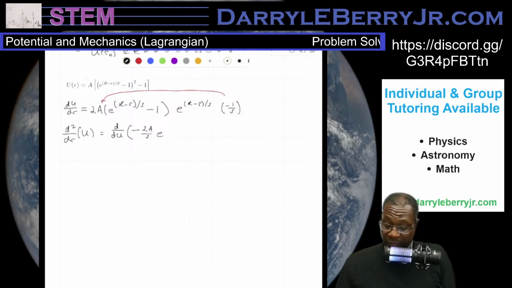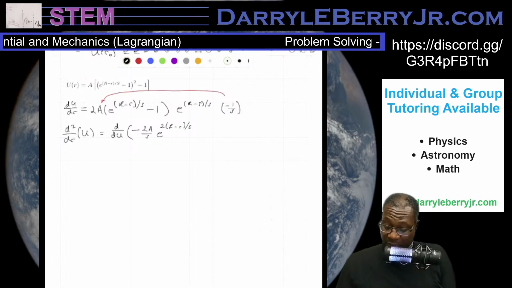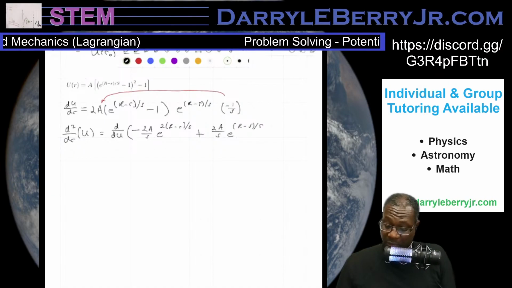So that's negative 2a over s e2 r minus r over s, minus, plus 2a over s e r minus r s.